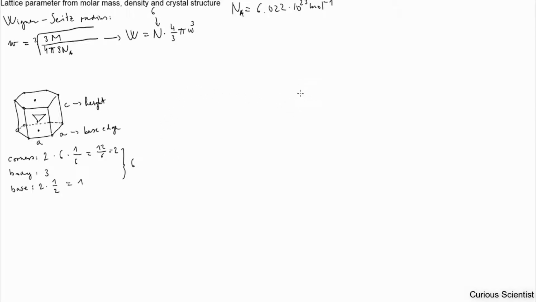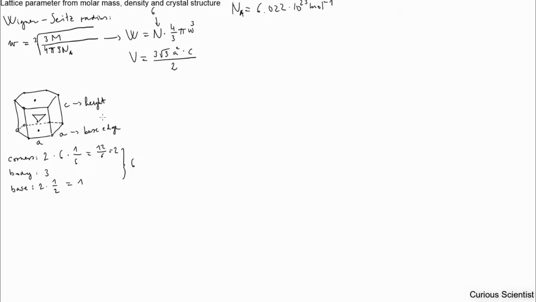And now we would like to calculate the volume of this whole thing here, which is V. And then you just use the formula from the math books: a squared times c divided by 2. So basically you calculate this base times the height of the prism divided by 2.